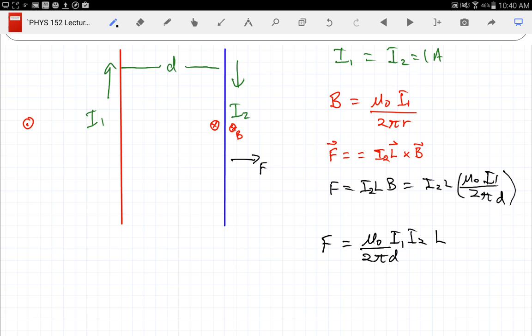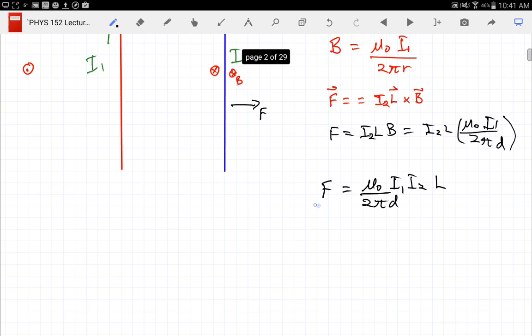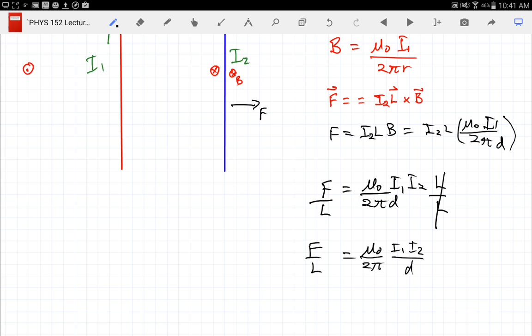But I started off by saying, well, we have to have an infinite wire. And so that means infinite force, right? That's why we just take this and say, divide both sides by L, so that we have the force per unit length is mu naught over 2 pi I1, I2 over D.